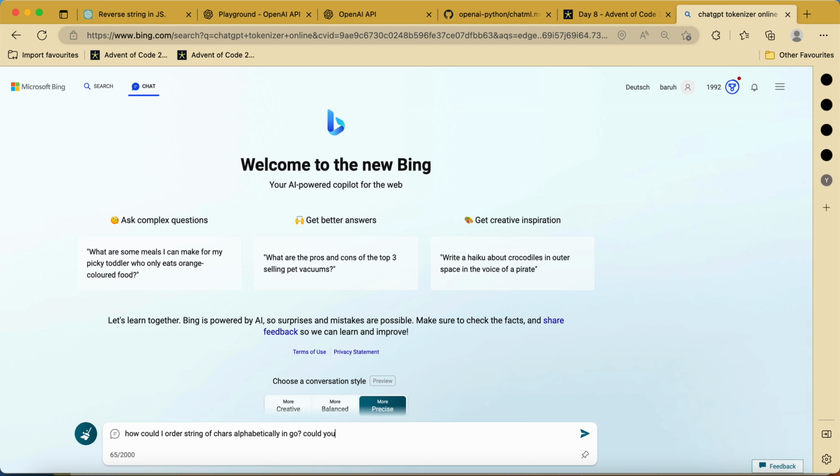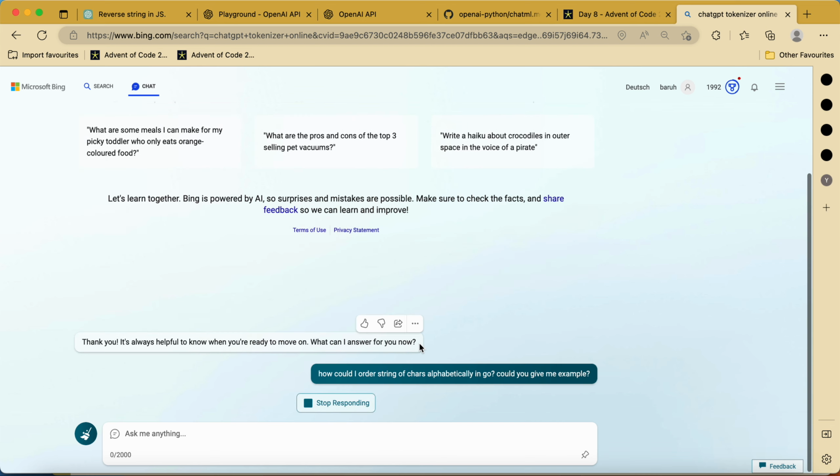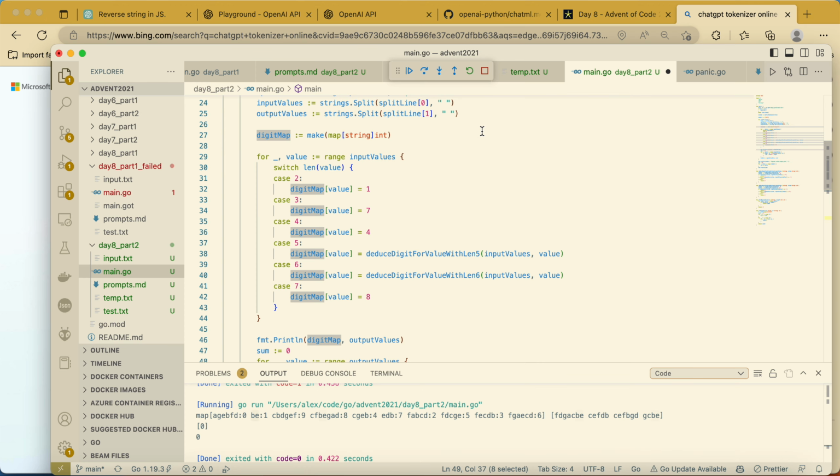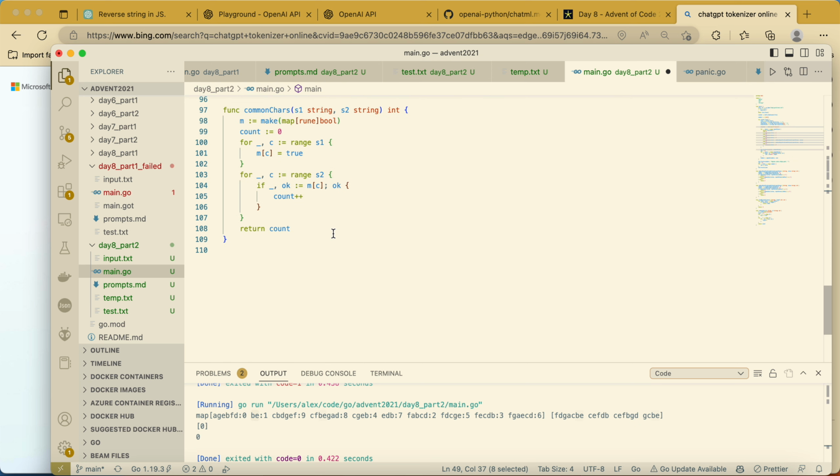Could you give me an example? Sorry about that, I went too much into thinking how to solve the problem and less on this part.